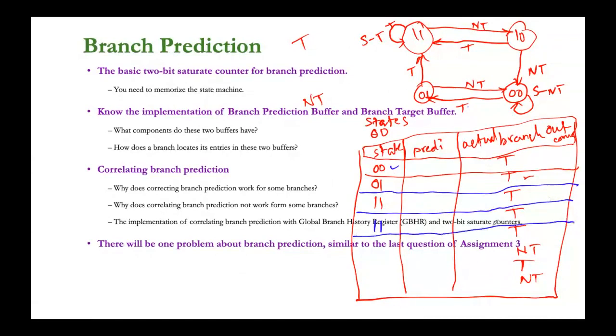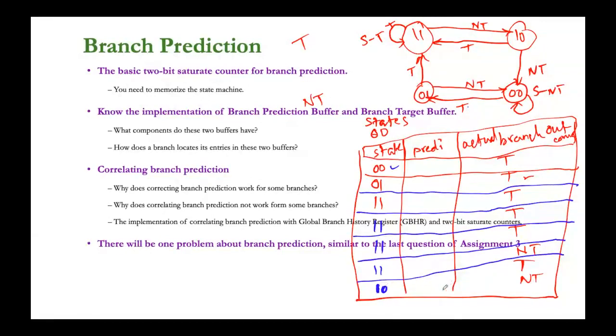Then in the 1 1 state, the branch outcome is again taken, so it will remain in the same state, 1 1. Here also, in the 1 1 state, the actual branch outcome is taken, so it will remain in 1 1. Then in the 1 1 state, it is not taken, so it will reach your likely taken state, that is 1 0.